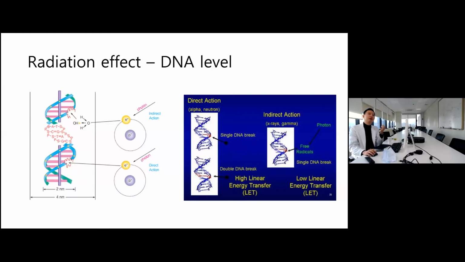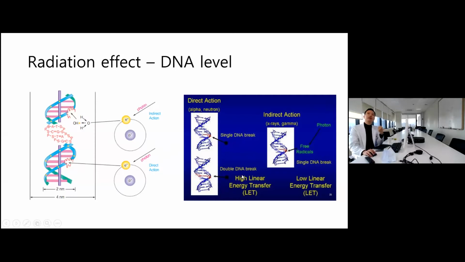And from the ionization of the water, radical components can be created. And these can have chemical reactions with the DNA and cause micromolecular damages. And this process is called indirect action.